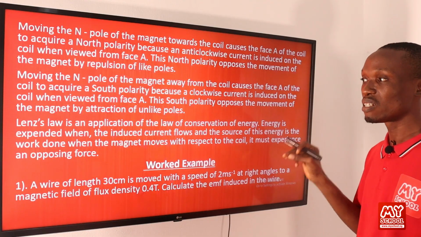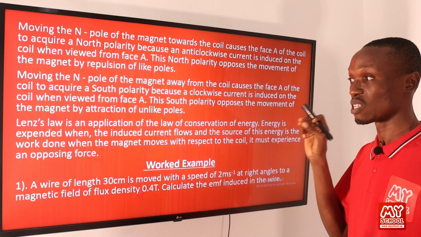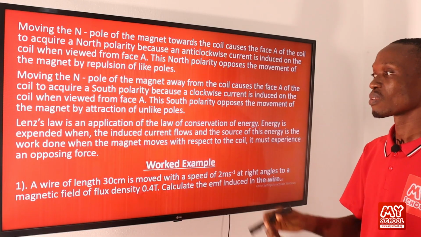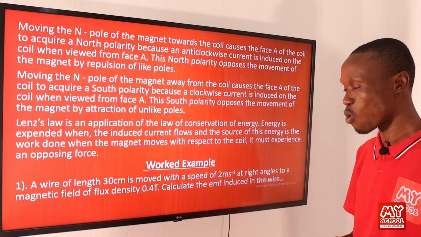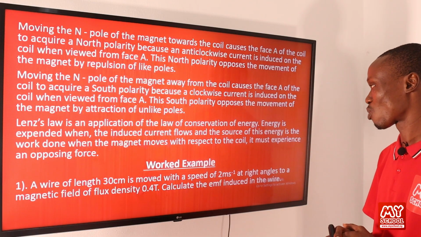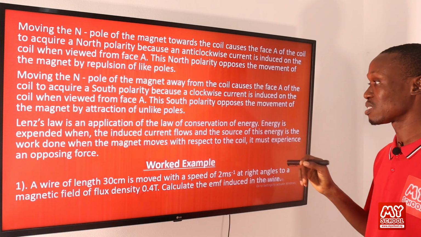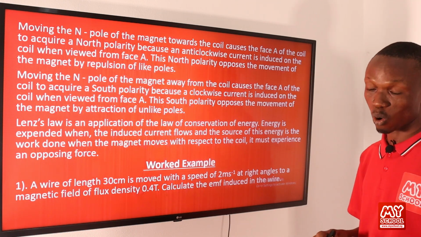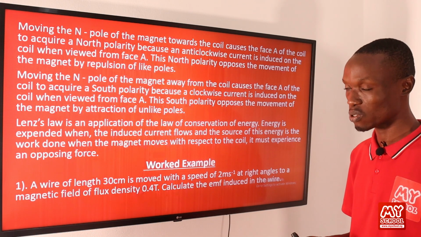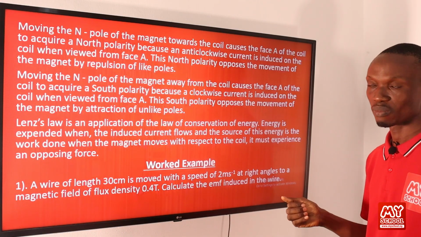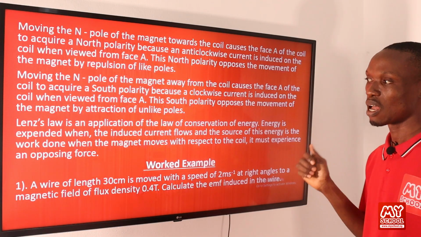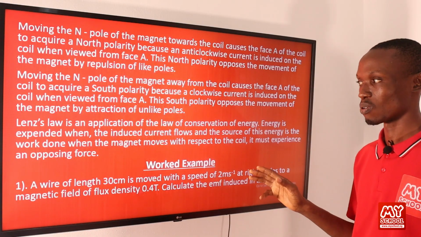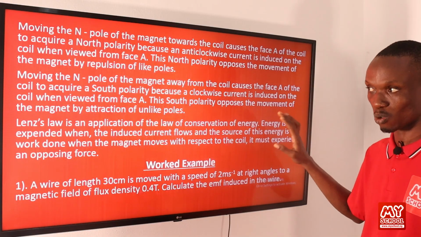Because when energy is expended, the induced current flows, and the source of this energy is the work done when the magnet moves with respect to the coil. It must experience an opposing force. Okay, so this is also worth taking note of.